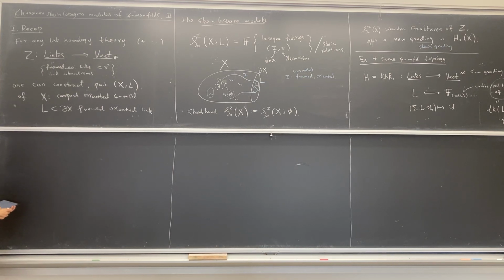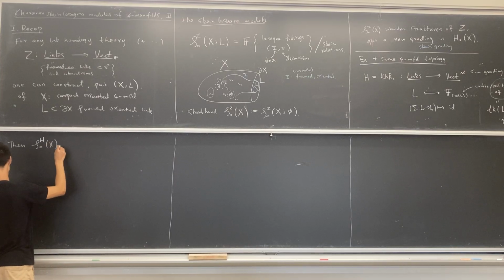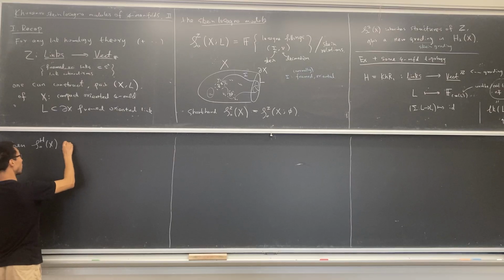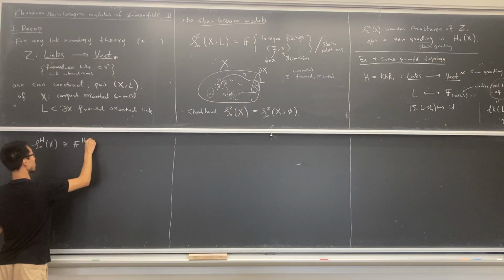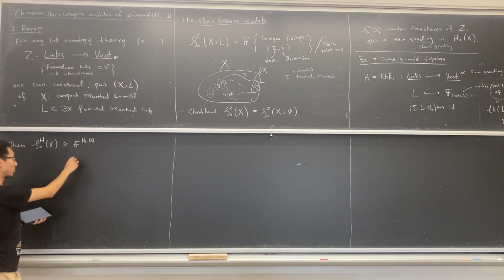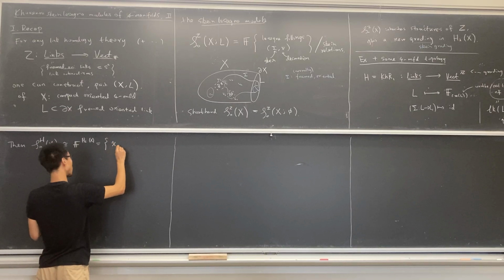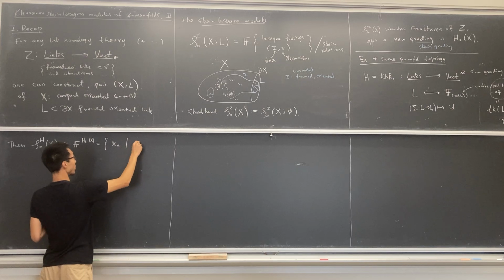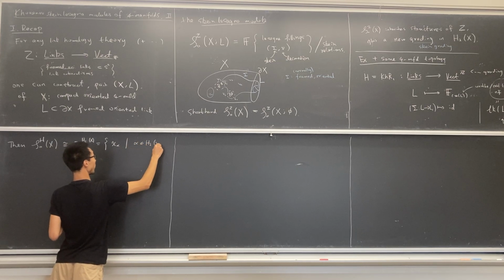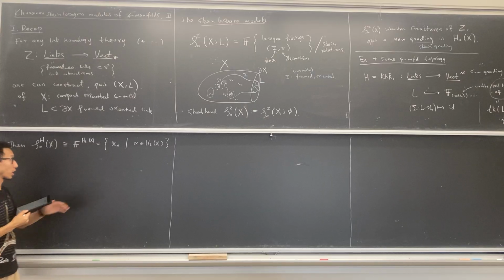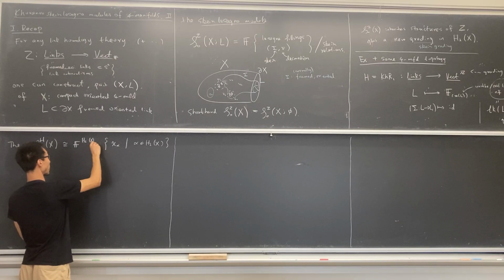All right. So the claim is that the skein lasagna module with this boring homology as input, of any four-manifold, I can still understand this fairly explicitly. Namely, it is still the vector space generated by second homology classes of X, or stated more explicitly, for every class alpha inside H2 of X, I get a generator I call x sub alpha.